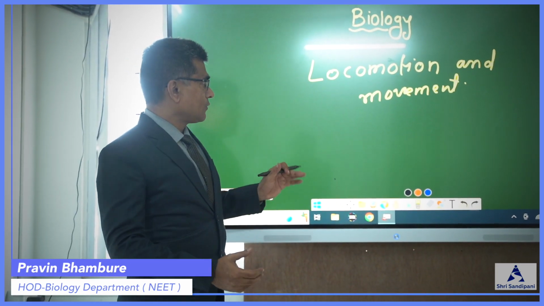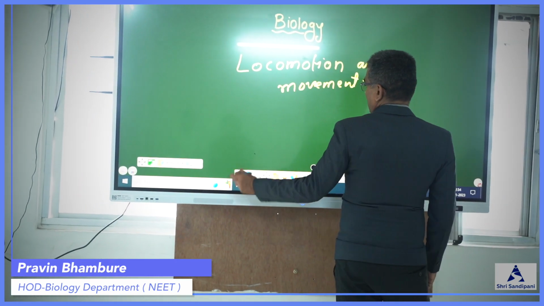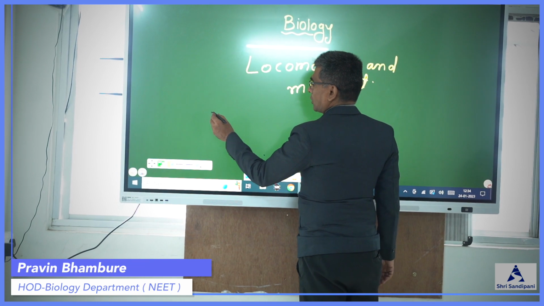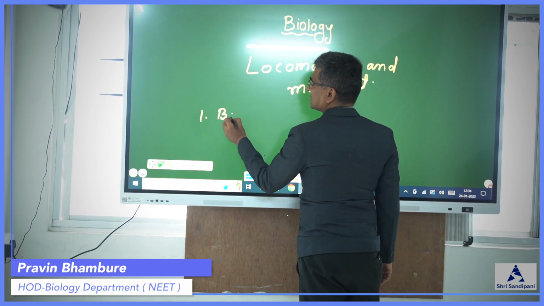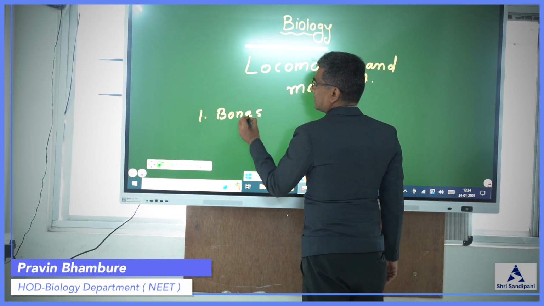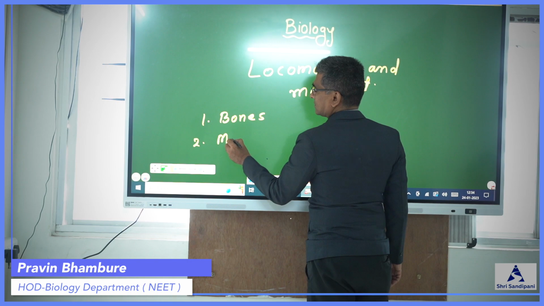So, before going with the definition and all that, I would like to tell you what we are going to talk about. Number one, we will be talking about bones. Then we will be talking about something called muscles.